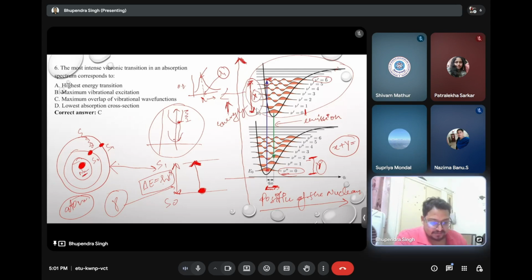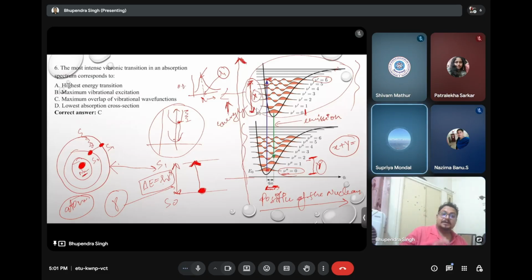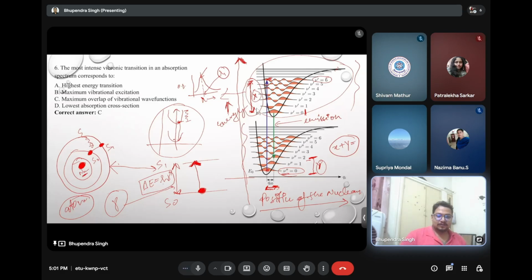No, my question is, what do you understand by these two, this potential and this potential? These are two potentials of what? Two different molecules? Same molecule? Same molecule. Exactly. So I'm saying that this potential can be shifted, something like this. So the nuclear position will be here then.